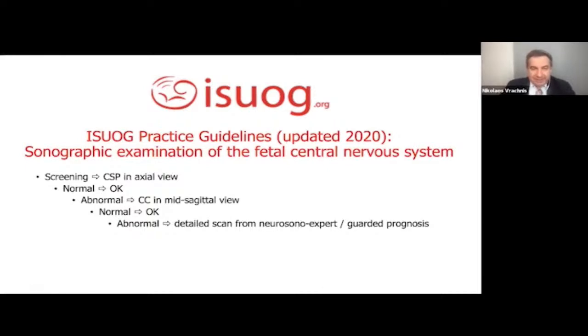So we change plane from axial view to the CC in mid-sagittal view. If that is normal, then it is okay to move to our next plane of assessment. And if the CC is abnormal, then we move to a detailed scan from a neurosonography expert, and we give a guarded prognosis to the parents.